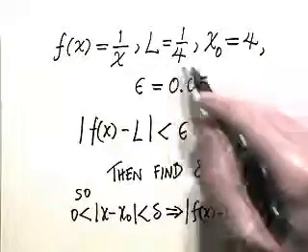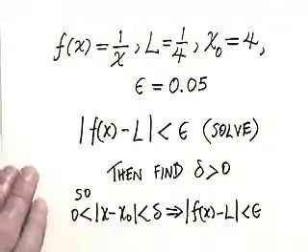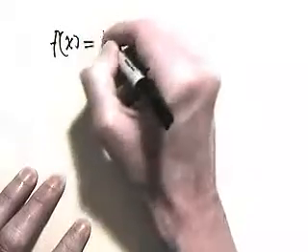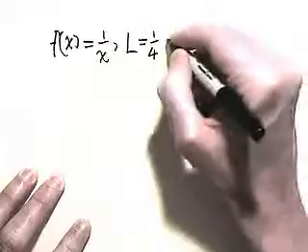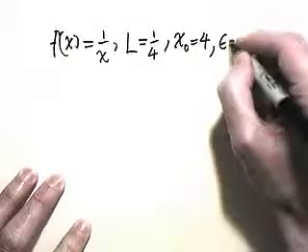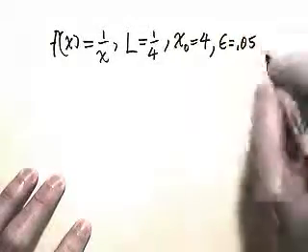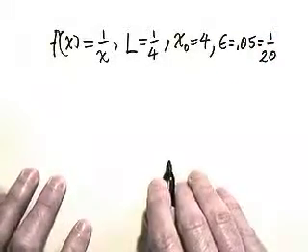So f of x is 1 over x, L is 1/4, x naught is 4, epsilon is 0.05. Now that's 5/100, which is a 20th. And so the initial inequality that we have to solve, absolute value of 1 over x minus 1/4 in absolute value less than 1/20th.